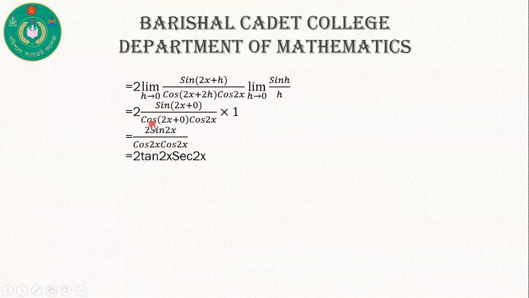We know sin x/cos x = tan x and 1/cos x = sec x. That's why we can write 2 tan 2x sec 2x. In the same way, we can solve any type of trigonometric ratio related problem.